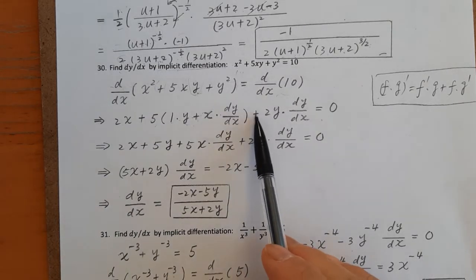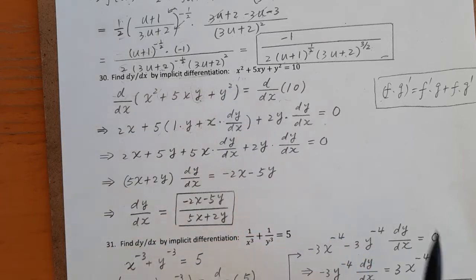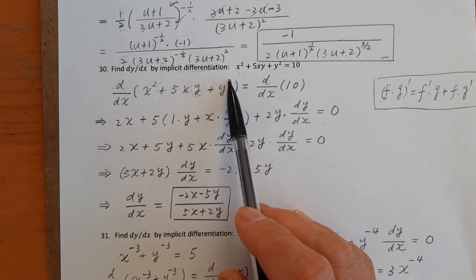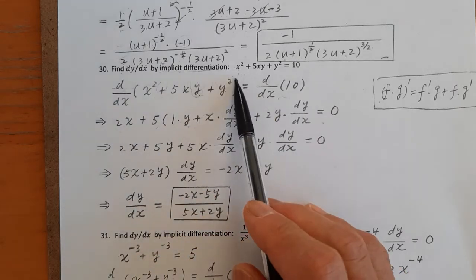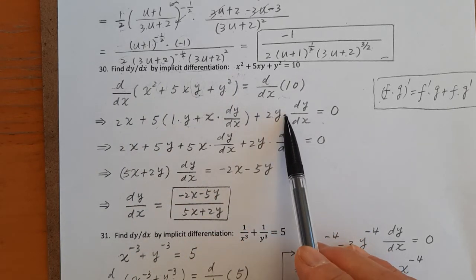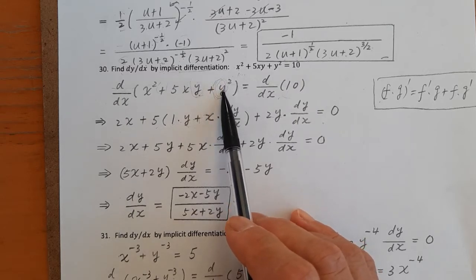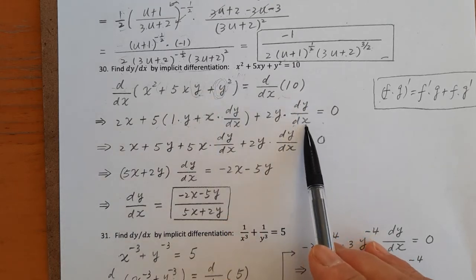And the plus the third term, y squared take derivative. First of all, use power rule. 2 goes in front, and 2 minus 1 is 1, so 2 times y, times by the chain rule. y in terms of x, but we don't know, so we just take derivative is just dy over dx.